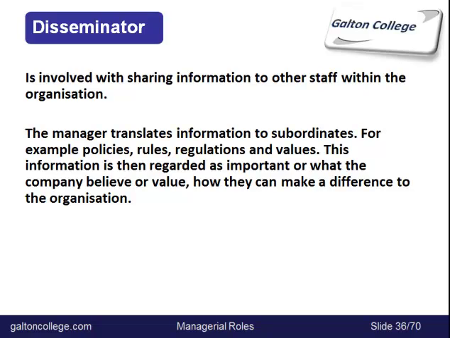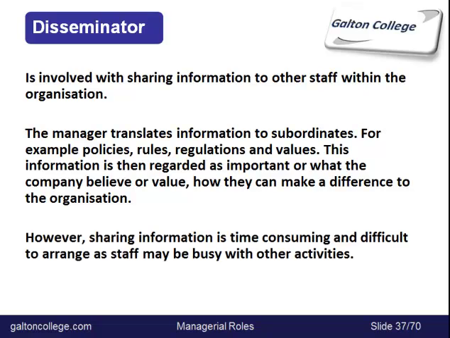This information is then regarded as important or what the company believe or value, how they can make a difference to the organisation. So it's important that the manager takes the rules from the senior management and disseminates this amongst the workers, passes it on, interprets it, explains it, has meetings with the workers and explains the policy of the organisation and the direction in which the organisation is moving.